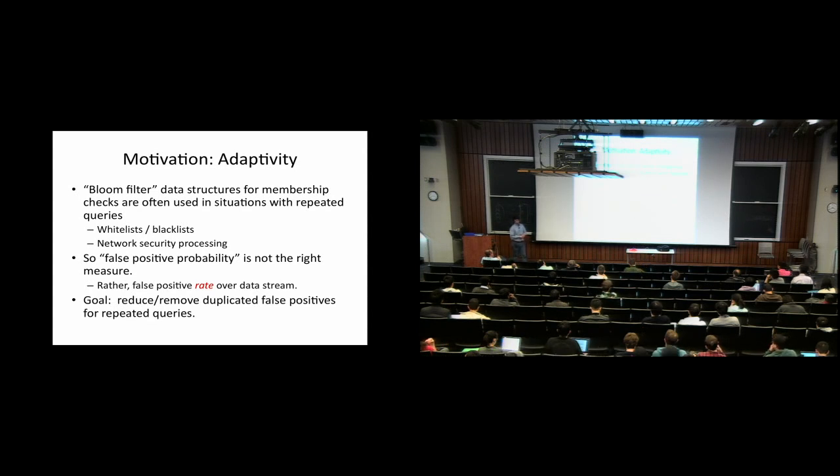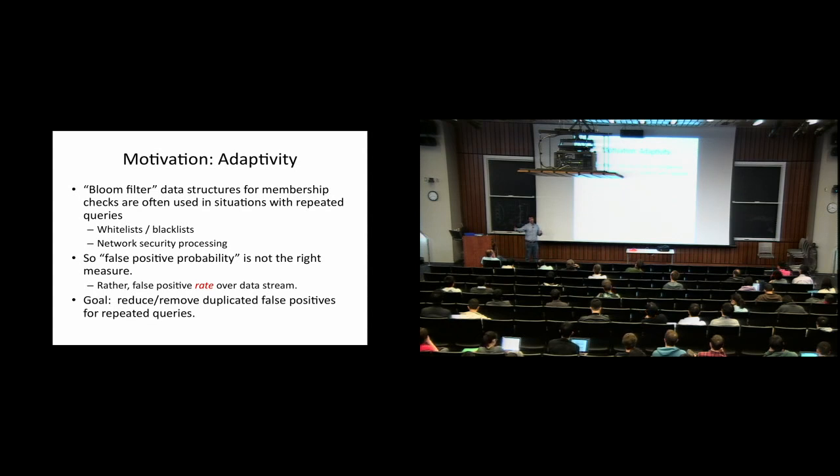Okay. So when I've talked about the false positive probability, I was really thinking about that in terms of a single item. Like you give me a query that's not in the set, what's the probability I give you a false positive? So often when you're actually using Bloom filters, you're using them in a setting where you're seeing a data stream, like a list of queries.